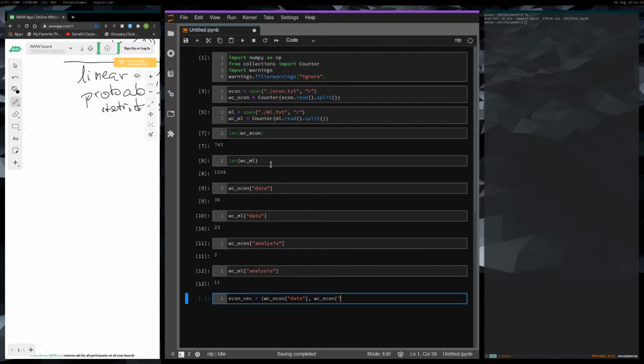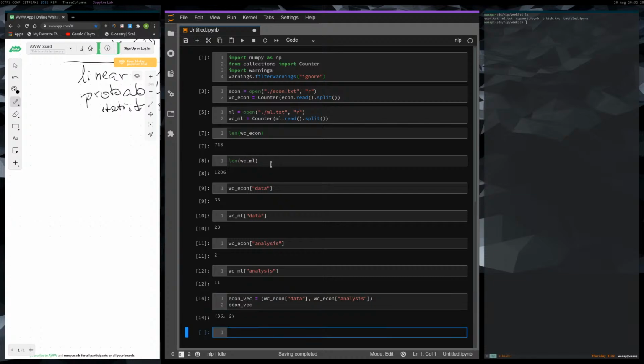Let's just type it out, it's quicker. So econ vec looks like this. It's now a tuple of the size 36 by 2. Let's convert it to a NumPy array because we want to do linear algebraic expressions and analysis on them.